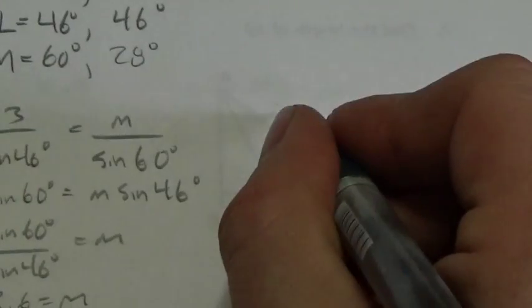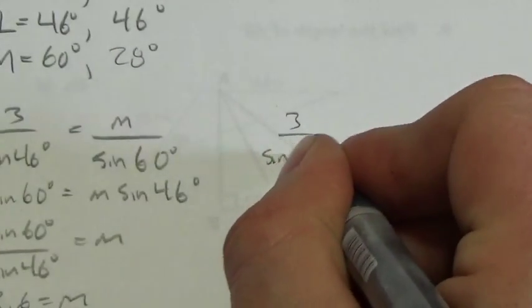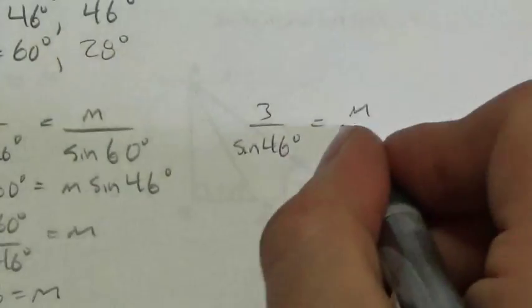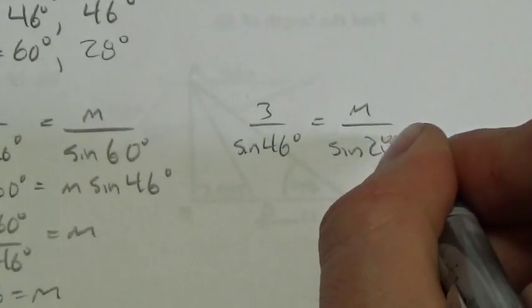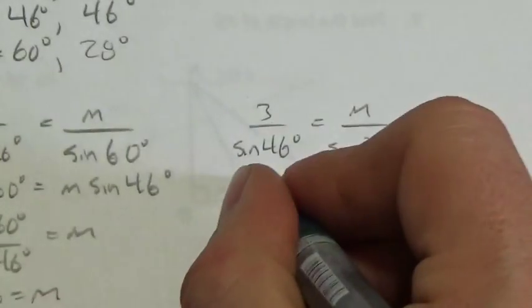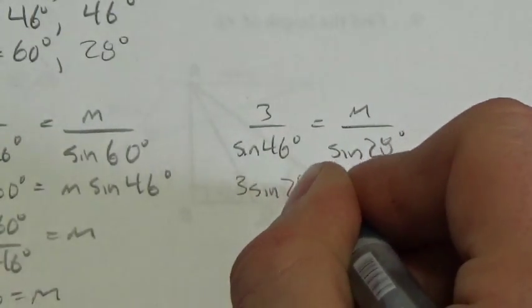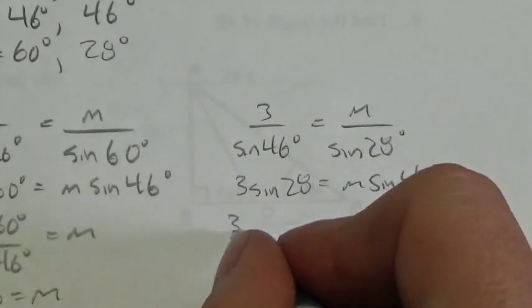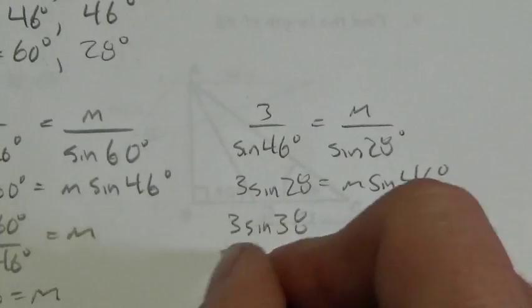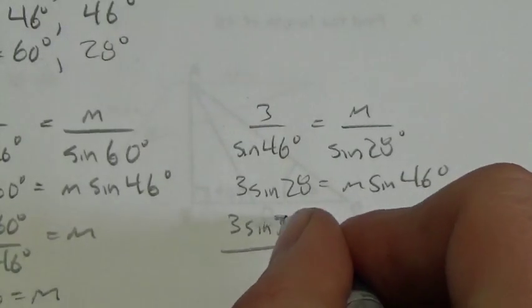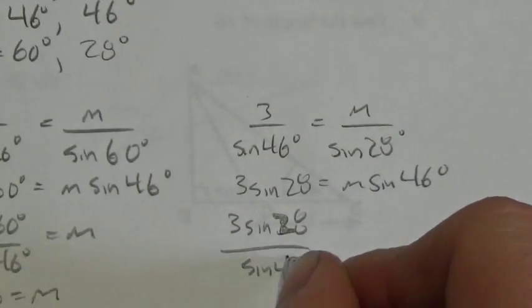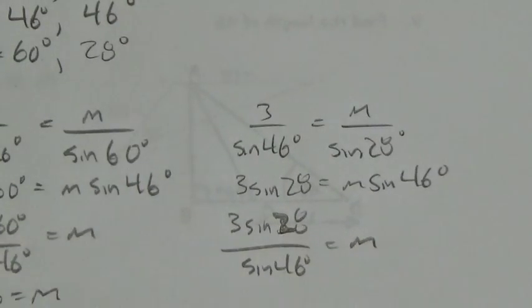Or we could have done it like this. And then this would have been little m over the sine of 28. And again, cross multiply. It's going to equal m times the sine of 46. Then we divide. 3 times the sine of 28, not 38, over the sine of 46 degrees is equal to little m.